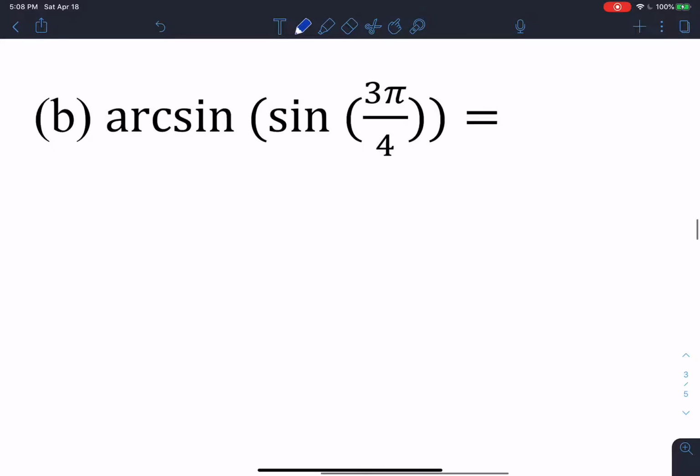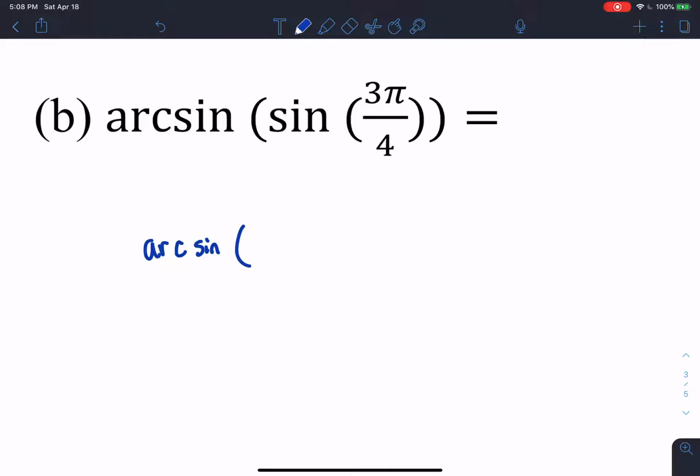Like this one. I can't do just this and then that, because inverse sine does not go with 3 pi over 4. 3 pi over 4 is in quadrant 2. I need something in quadrant 1 or 4, so I can't just cross things out and make that my answer.